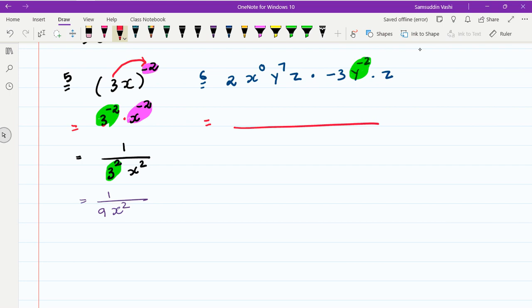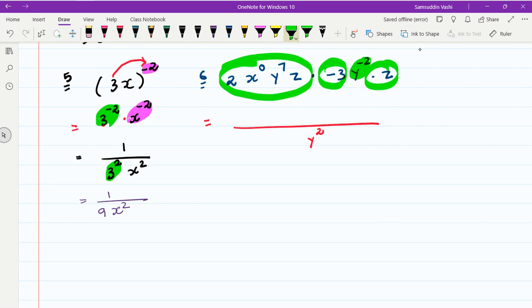For me, I don't like negative powers. So what do we do? Right, put that y to the power of 2 in denominator. Is there anywhere else negative power? No. So I can work this part, negative 3 and z, because y to the power of negative 2 is already gone. Right?